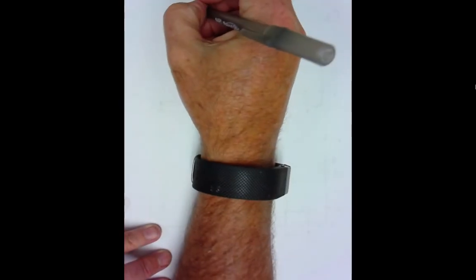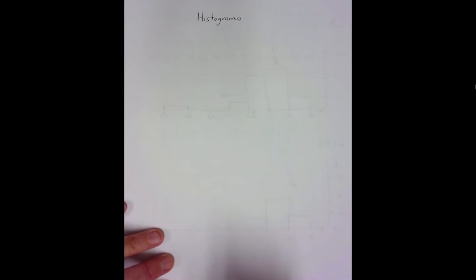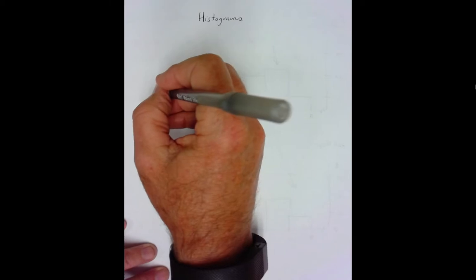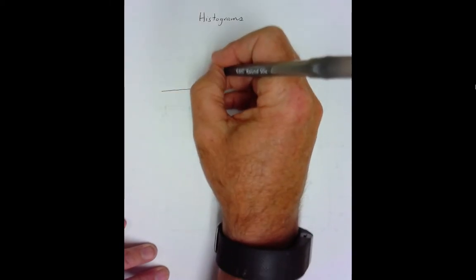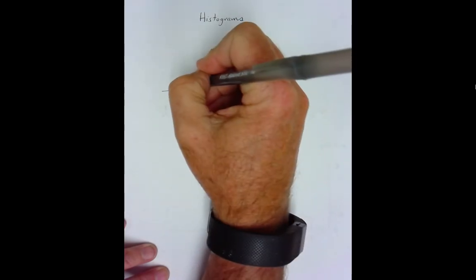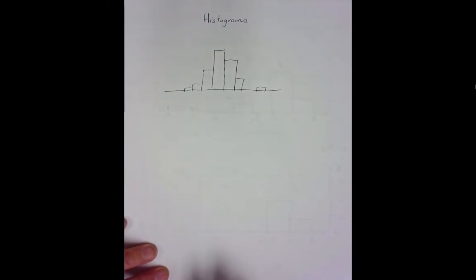Now, typically speaking, when we create these frequency distributions or relative frequency distributions, we call these things histograms. And histograms kind of take on 3 shapes. One shape that we run into a lot in statistics may be something that looks like this.